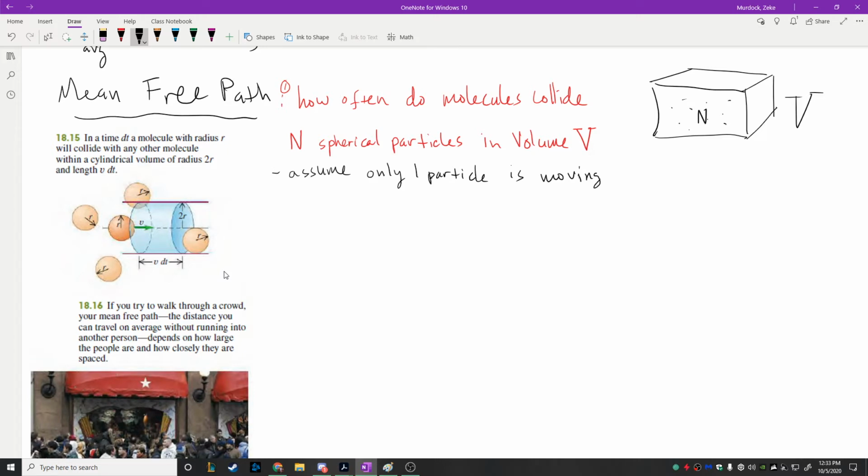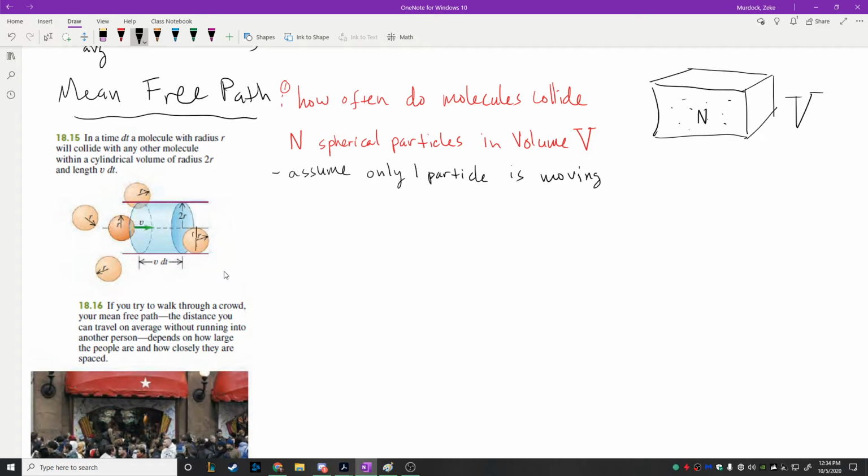Certain particles are going to be outside of its little sphere of movement. We're going to assume that it's moving to the right, and we're going to look at particles contained within a cylindrical volume that has a radius 2r. And why is it 2r? Some of the molecules are outside of this cylindrical volume, but any particle that fits inside of here, like this one, has a radius r, which means a diameter of 2r.